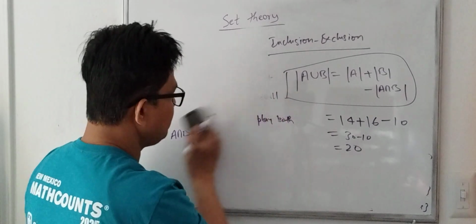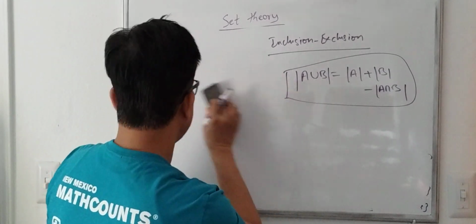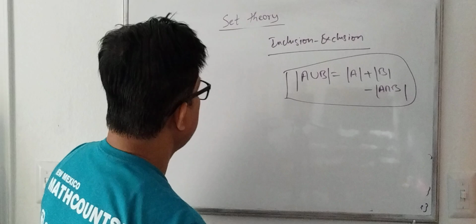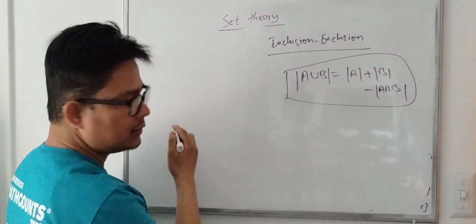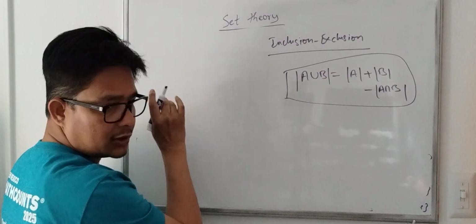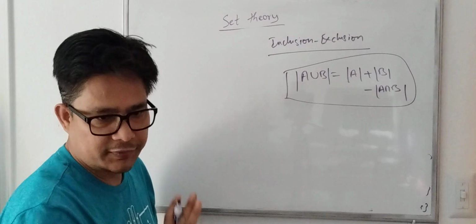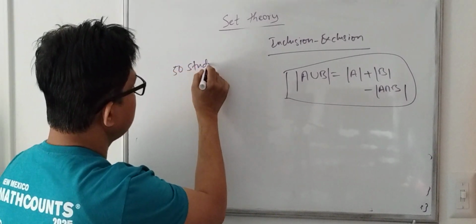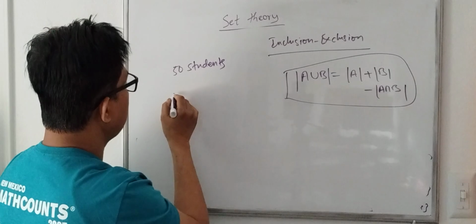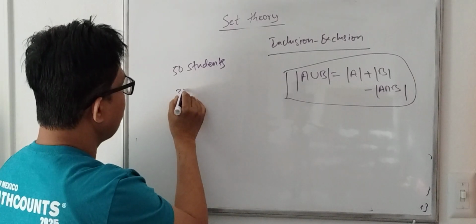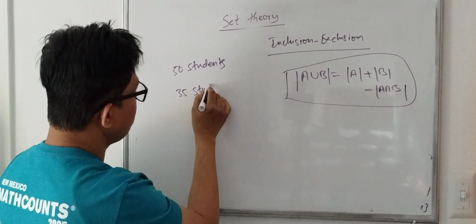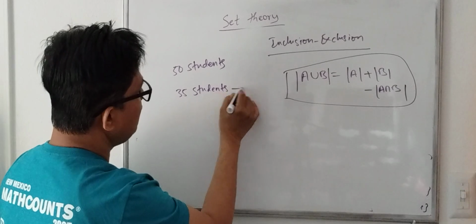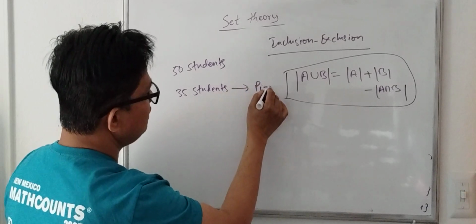Now let's take another example. Again, take another class. Let's say we know the number of students. Let's say 50 students are there. 50 students, okay? And 35 students like pizza, okay?